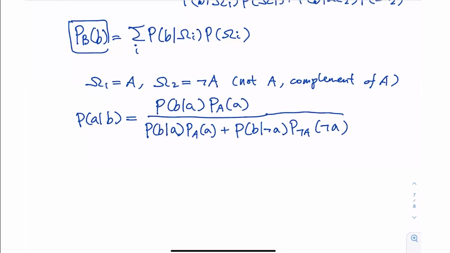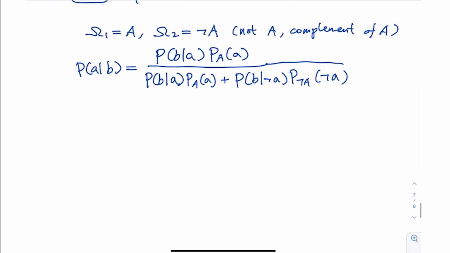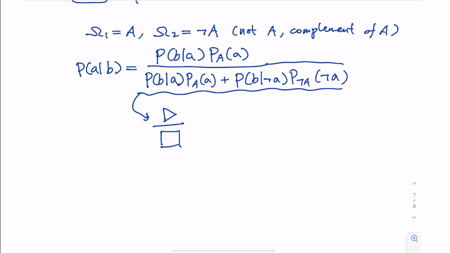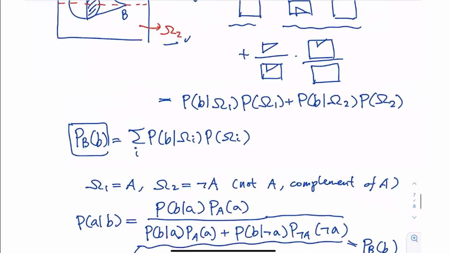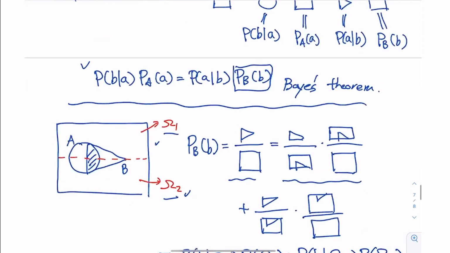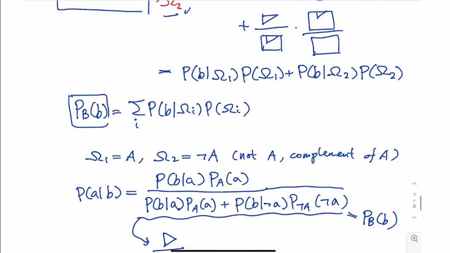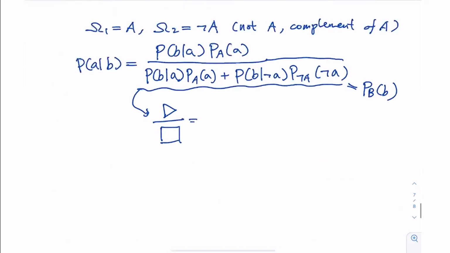Again, we can try to understand what's in the denominator in an intuitive way. It should be P of B, and the origin of that is basically from the expression of this equation: you just divide by P of B to the other side. And P of B, in our graphic notation, is like this.